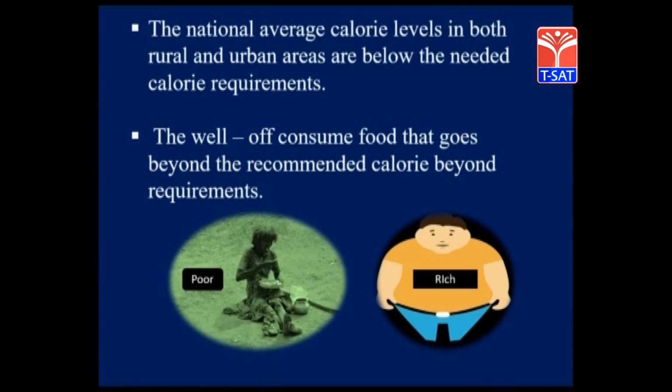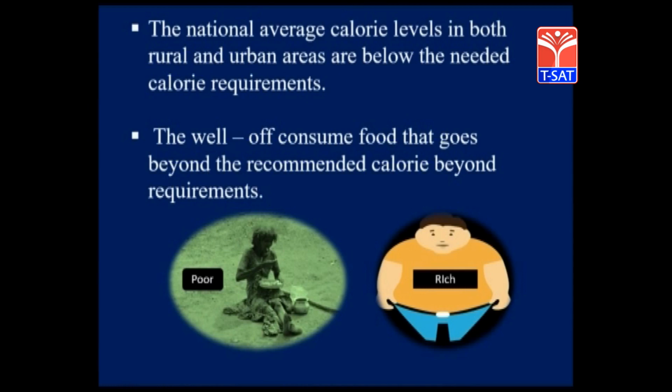The well-off consume food that goes beyond the recommended calories, beyond the requirements. So imagine, the poor people are eating less than what is required, whereas the urban people are taking more food than is required. So they are getting obese, with a lot of fat in their bodies, and such people are also not able to work.